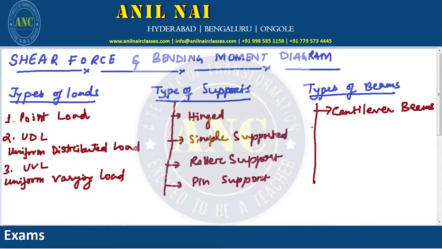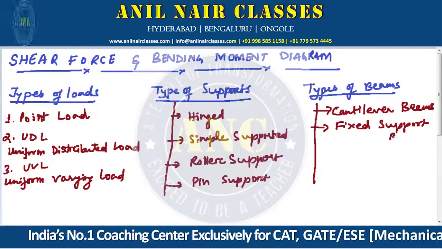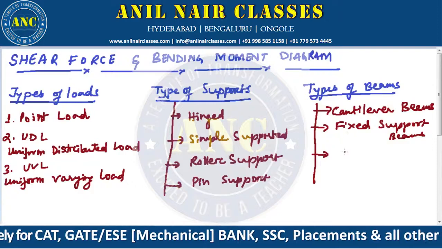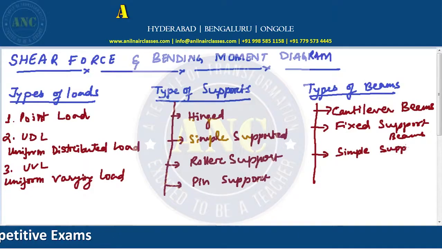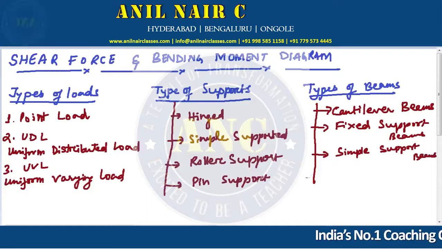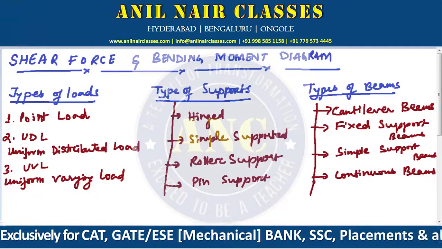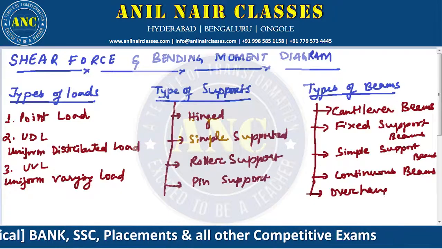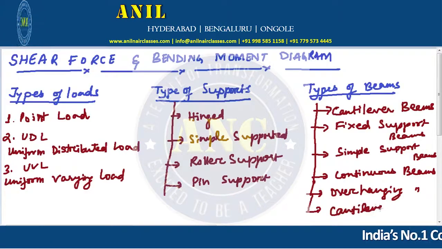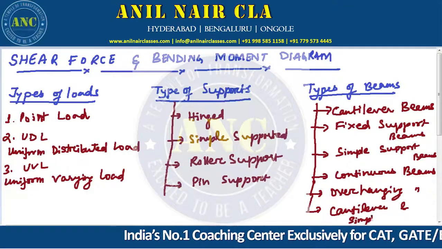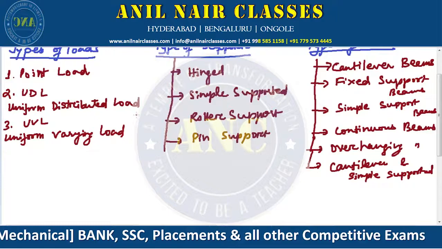So they are cantilever, fixed support beams, simple supported beams, continuous beams, overhanging beams, and cantilever and simple supported beams. Right?